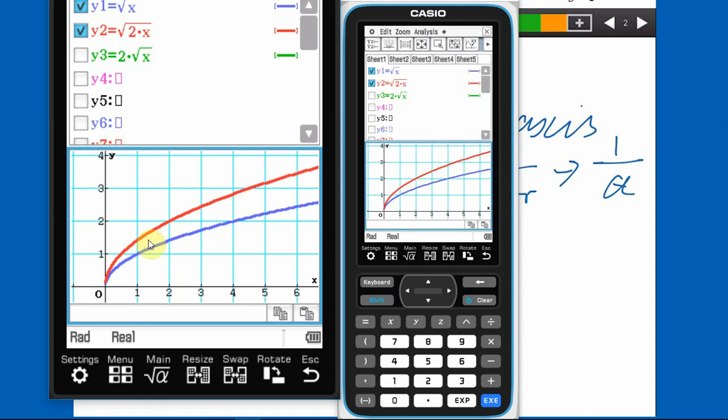To get the same y value on our red one, what did we need? We needed 2 here. So what have we got to do to this x value? We've got to times it by 2 to get what the old one was.